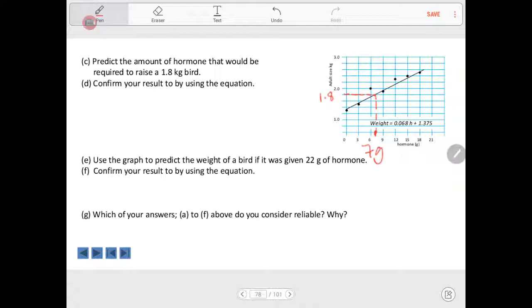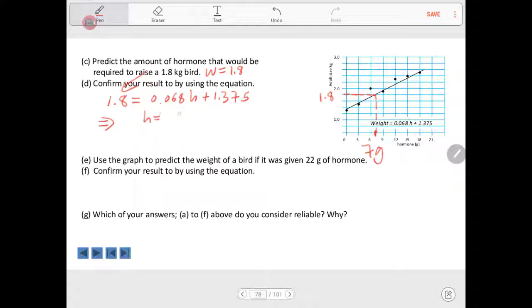So let's see what the equation says. So we're going to need to substitute like this. It's a bit different to the first one. So instead of putting a number in where the H goes, we're putting in W equals 1.8 into the equation. And we're going to rearrange and get the H value. So this 1.8 here means that W equals 1.8. That's what goes there. Okay, so we rearrange the equation. You guys have had lots of practice at these.